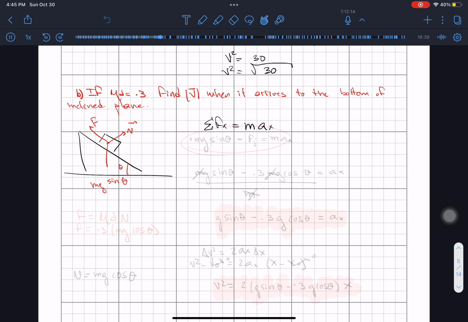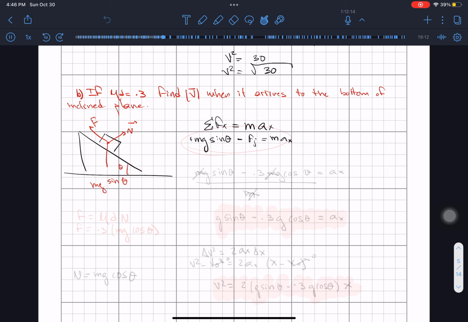So we have the gravitational force acting on the body, and we have the friction force. We're going to forget about the normal force. And that's going to be equal to the mass times the acceleration of the block.